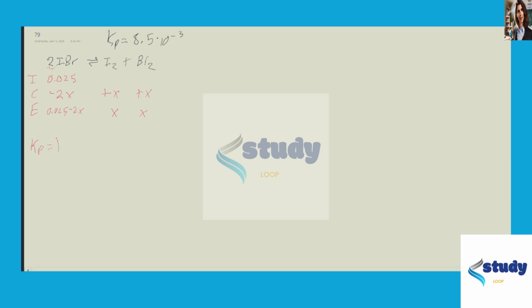Kp is products over reactants, so that's the pressure of I2 times the pressure of Br2 over the pressure of IBr squared, because of the 2 as its stoichiometric coefficient.